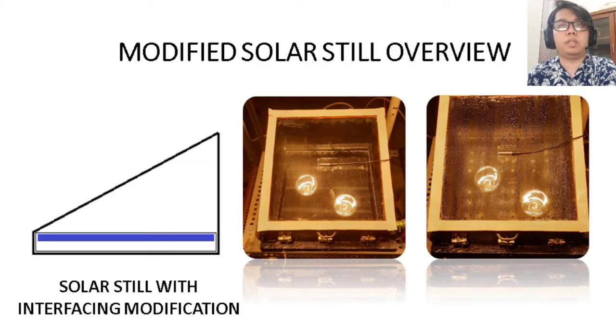The middle picture shows variation number 1 with capillary direction from the sides, and the third picture, or the most right picture, is variation number 2, where the capillary direction is from the middle or inwards.